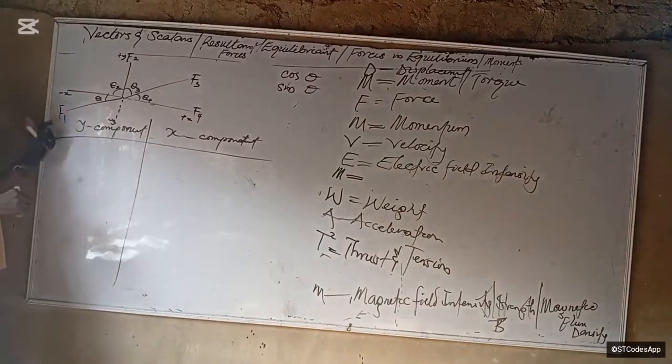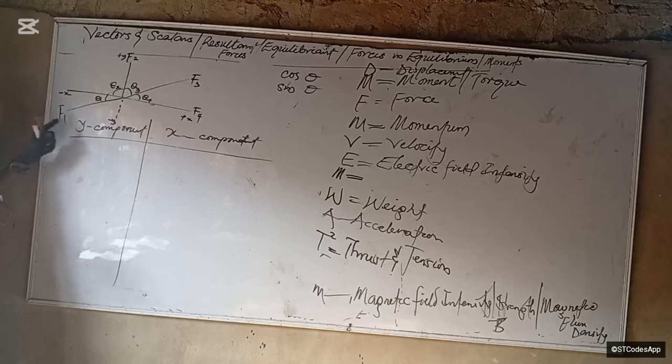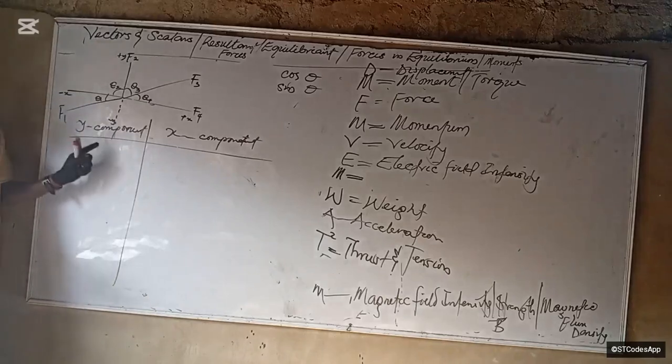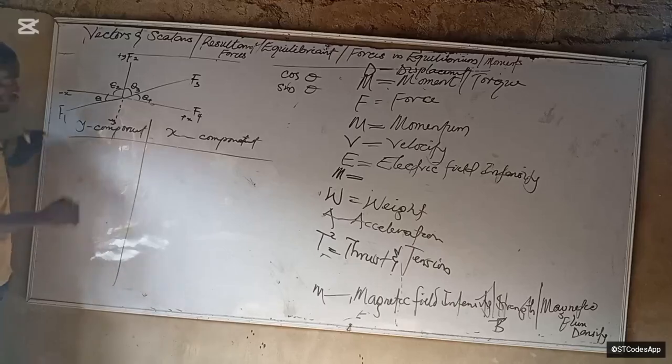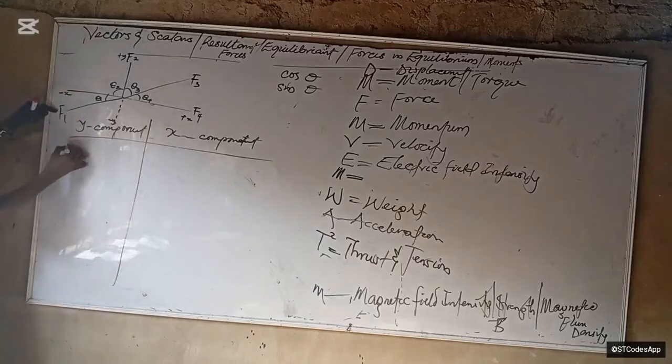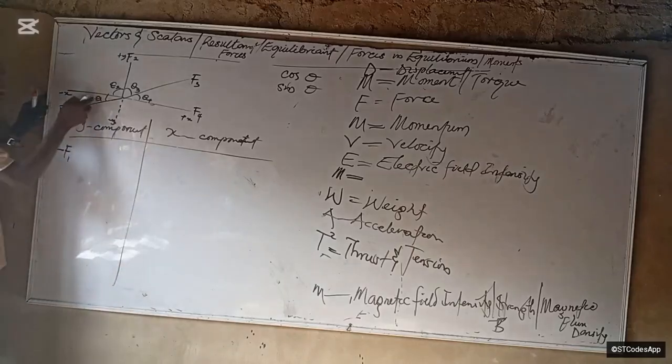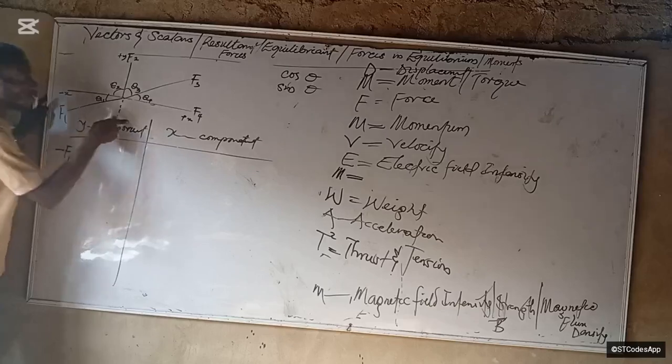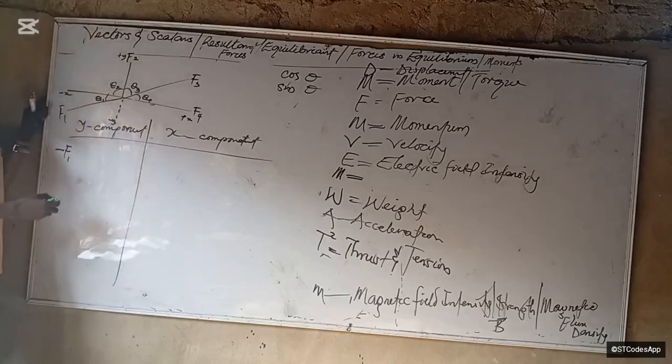If you want to resolve F1 in the y component, will it be resolved to the positive y direction or the negative y direction? Negative y direction, right? So it is going to be minus F1. Now, with respect to this theta 1, are we opening the angle by resolving this, or closing the angle? Opening, right?